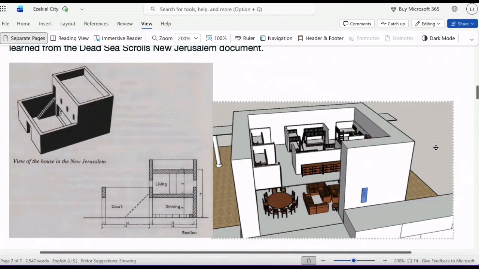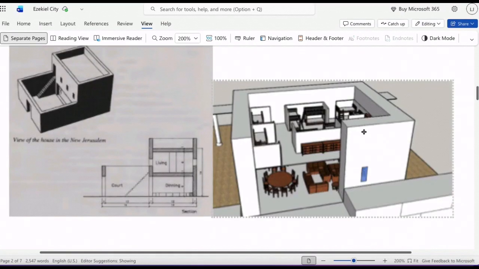And you can see this is very similar to our rendering, okay, of the 30 chambers. So the 30 chambers has a first floor, second floor, has a porch in the front, living quarters at the top. They had 22 couches, and here we have 20.